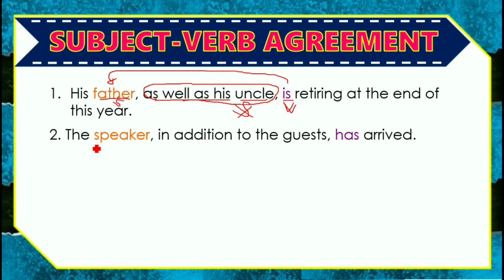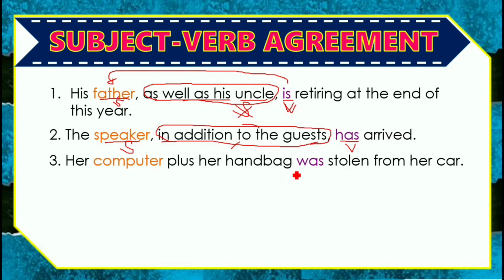Another is: the speaker, in addition to the guests, has arrived. Okay, so speaker is our subject and our verb is has, again a helping verb. Our intervening phrase is in addition to the guests. Her computer plus her handbag was stolen from her car.